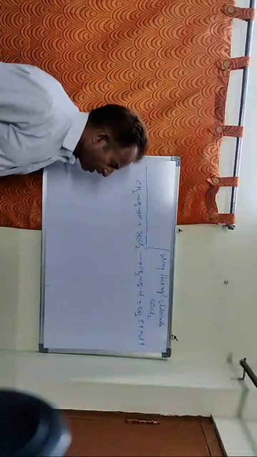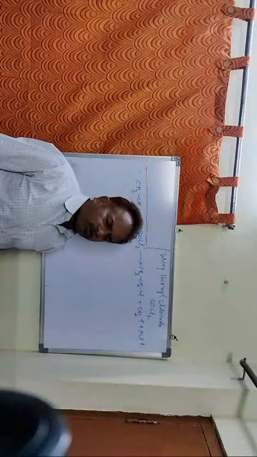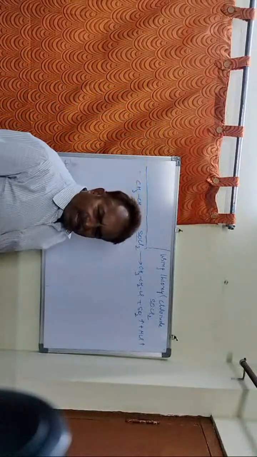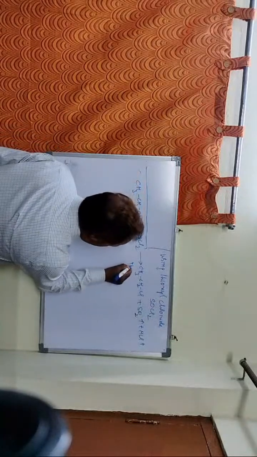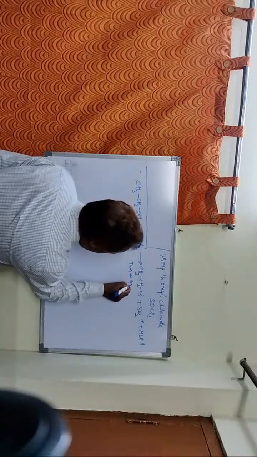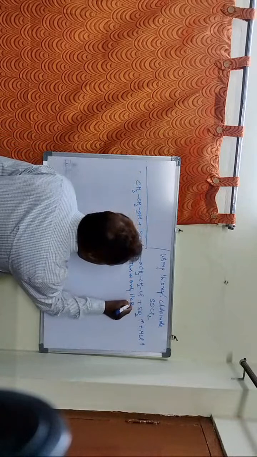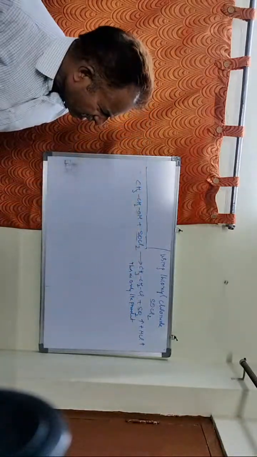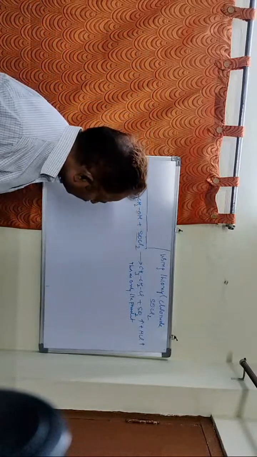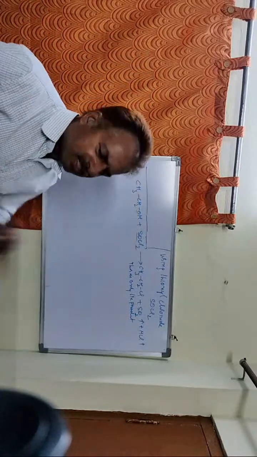Now, in this reaction, the byproducts SO2 and HCl, being gases, escape out. So, what is the product here? This is the only product. When the product is only one, no separation is needed. Therefore, we get the product directly.